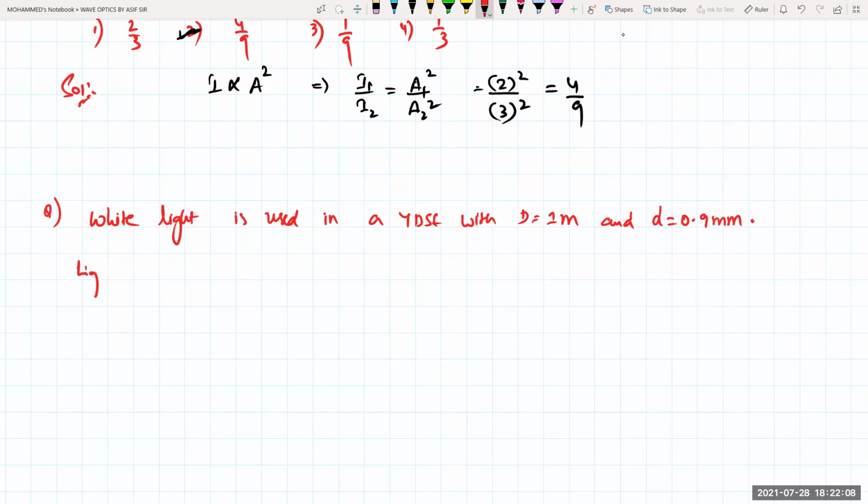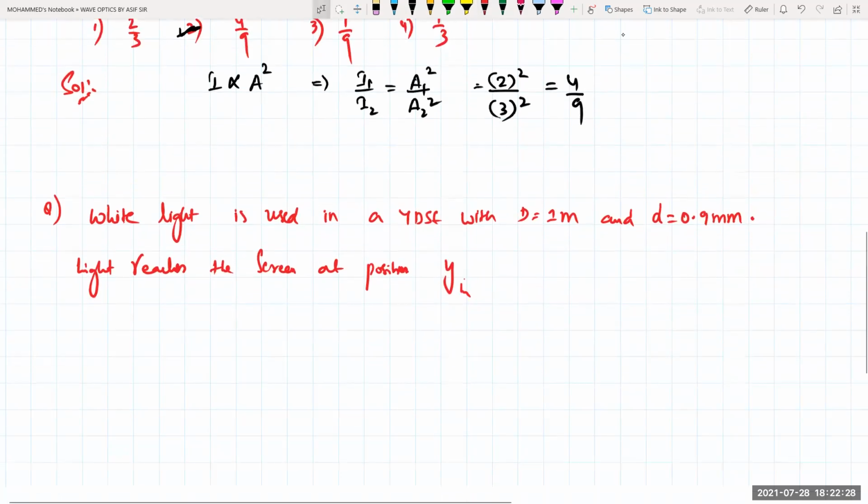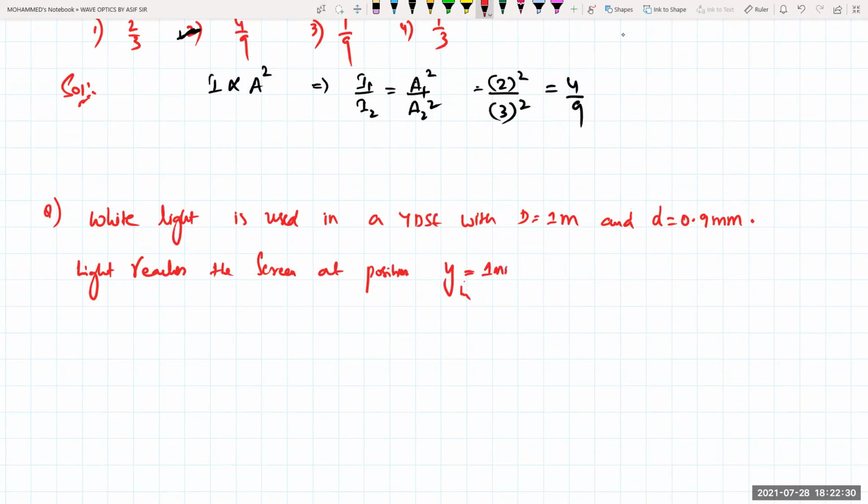Light reaches the screen at position y equal to 1 mm.